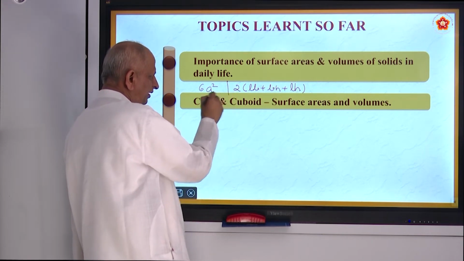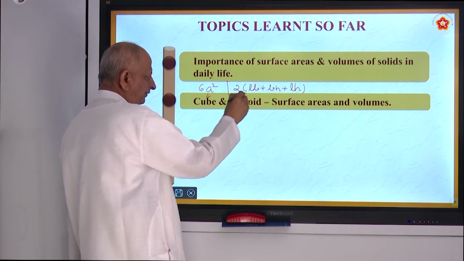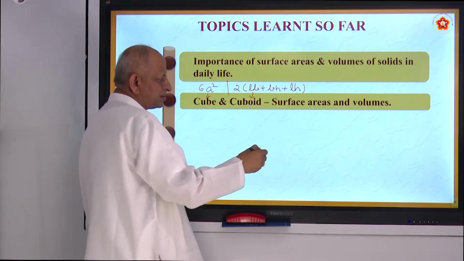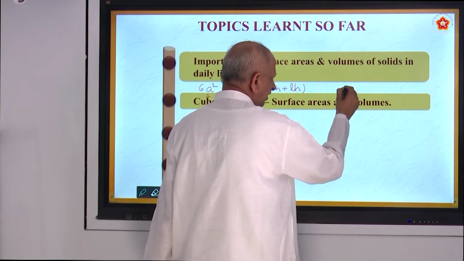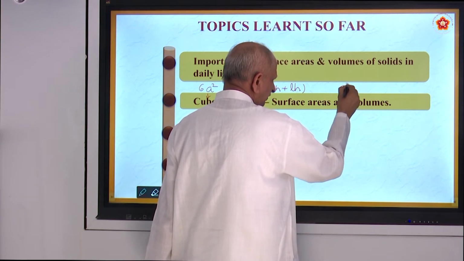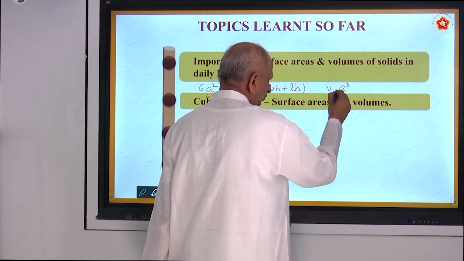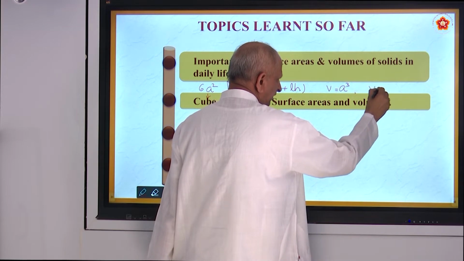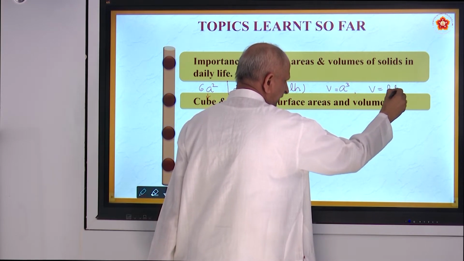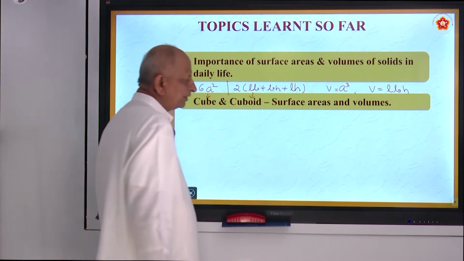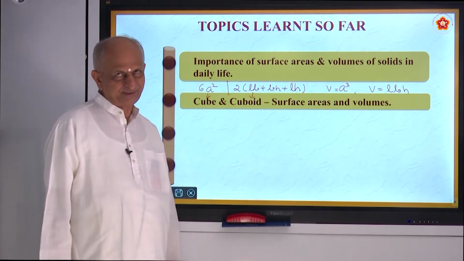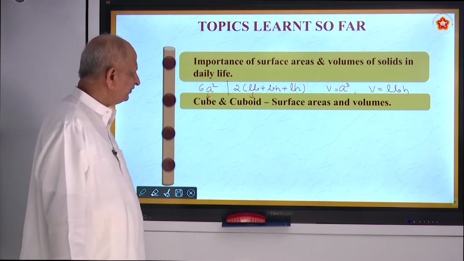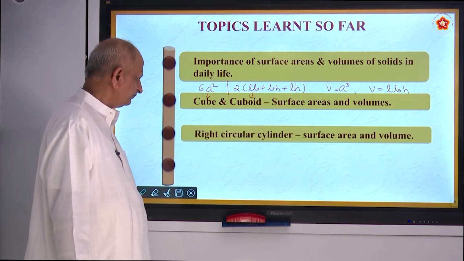So this is the formula for cube, this is the formula for cuboid. Volume of a cube is V is equal to a cube, and volume of a cuboid is LBH, length into breadth into height. This we already saw in the previous class.